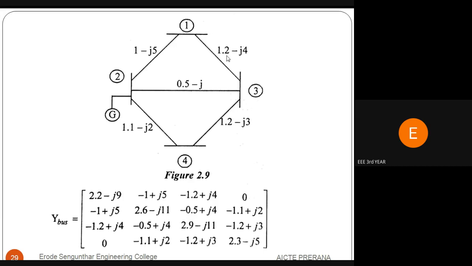There are 2 admittances. Those 2 admittances should be added, so that value is 2.22 minus j9. And the second thing is Y12. Except the diagonal, all the other terms will be denoted with minus. So minus Y12. The admittance between the first bus and second bus is 1 minus j5, which should be multiplied with the minus, so we will get minus 1 plus j5.